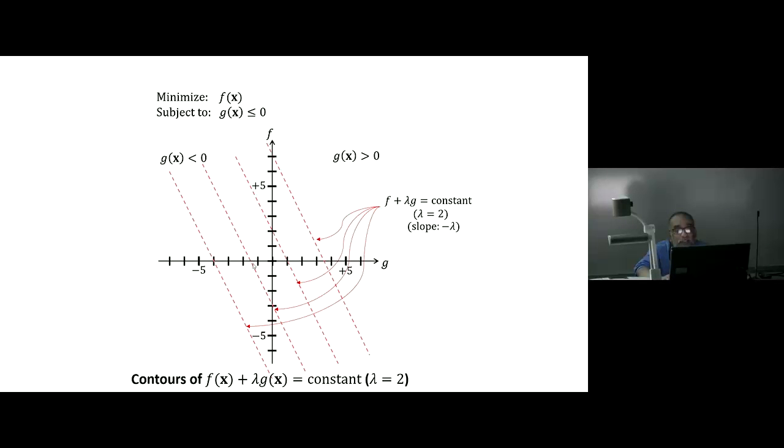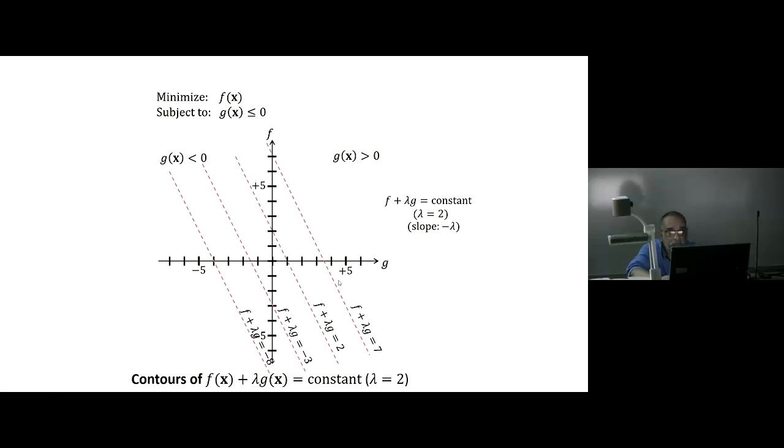These are all contours of f plus lambda g equals constant, where lambda is fixed, because they all have the same slope, and the slope determines lambda. In fact, all these straight lines have a slope of negative lambda.